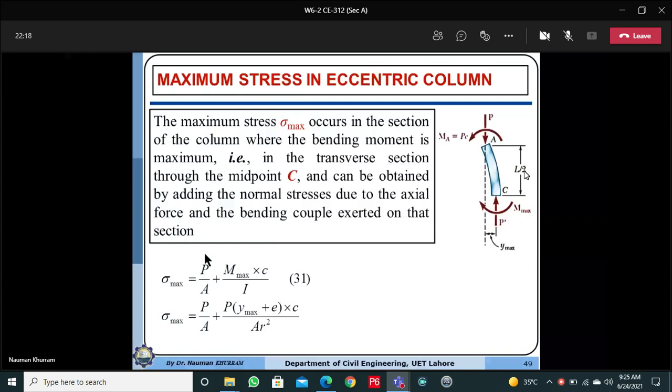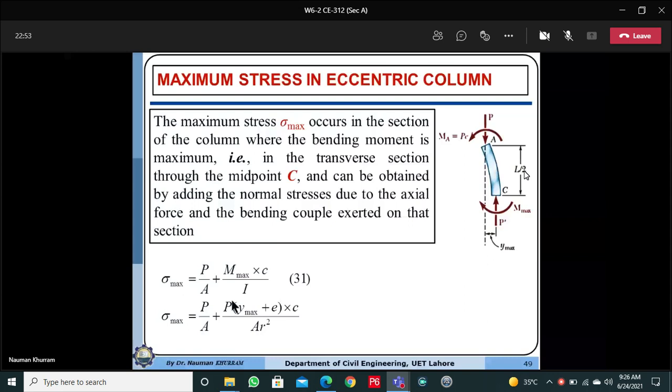So if the deflection is 1 millimeter at a load value of 10, then the deflection at load 20 may not be equal to 2. It may be 3. So the moment is also increasing exponentially. That's why the stresses are increasing non-linearly when we increase the load value, because with the increase of load value, y maximum and the moment are also increasing.